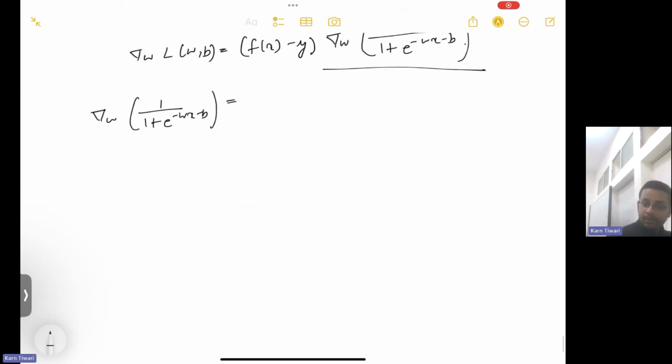Now the quotient rule. Whenever you have p by q, how do you differentiate it? That rule we are going to use. It's simply the square of it, because if it's p by q, then I write it as q p prime minus p q prime divided by q squared.